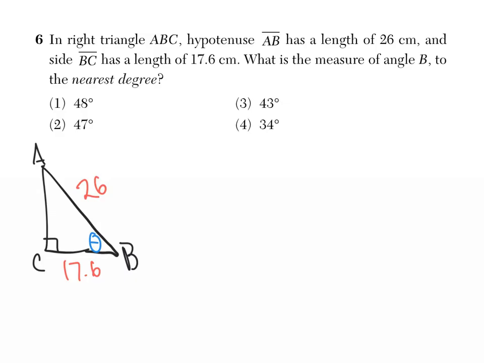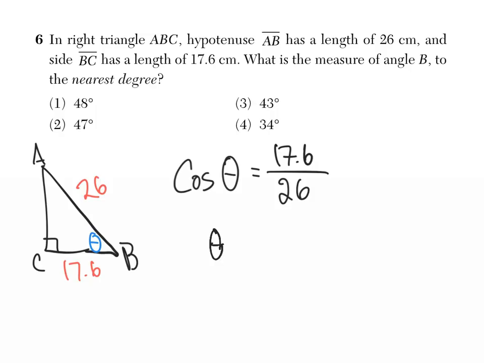So we know that cosine theta equals adjacent over hypotenuse, so it's going to be 17.6 over 26. Amazing. And because we don't know the degree, what we're going to be doing is the inverse of it. So theta equals the inverse of cosine, 17.6 over 26.